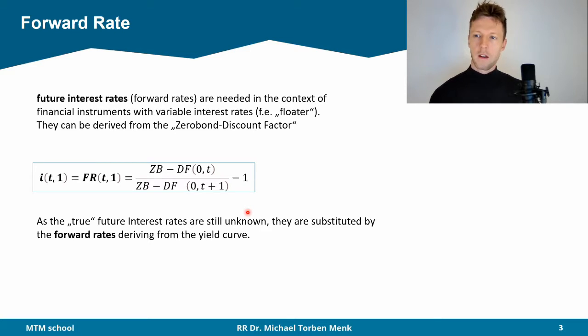But guessing is not fair if you have a contract with a partner right now. Therefore, you can substitute your guessing by the so-called forward rate. This is a formula, again, that we need for this, but we come to an example later.